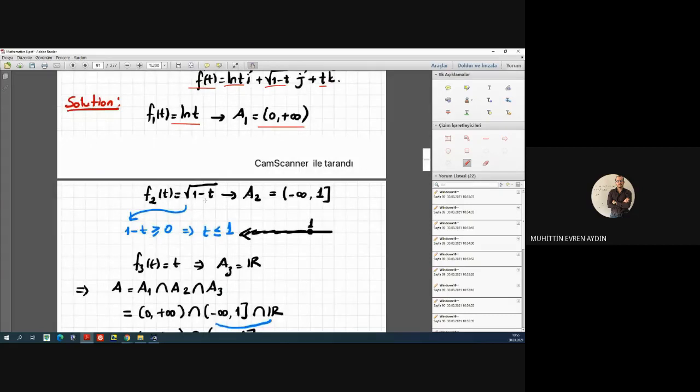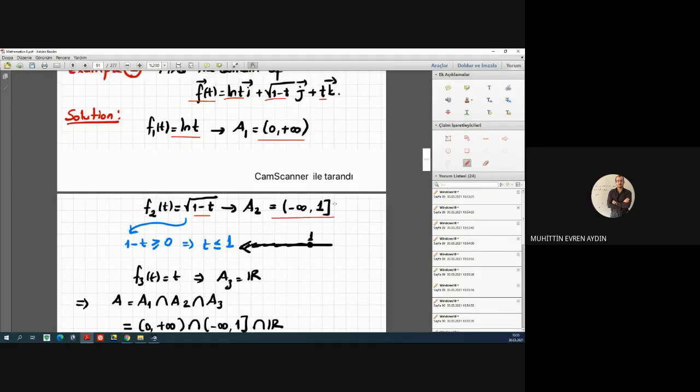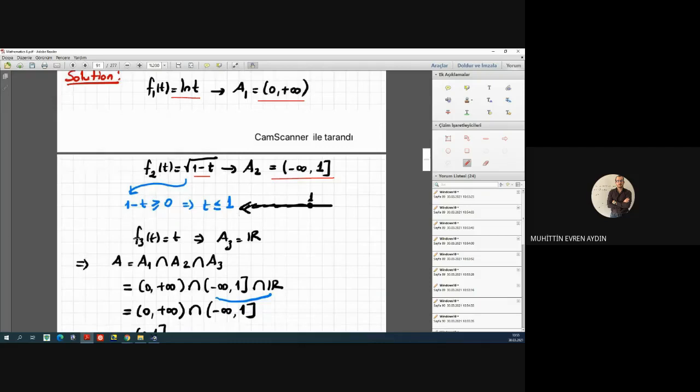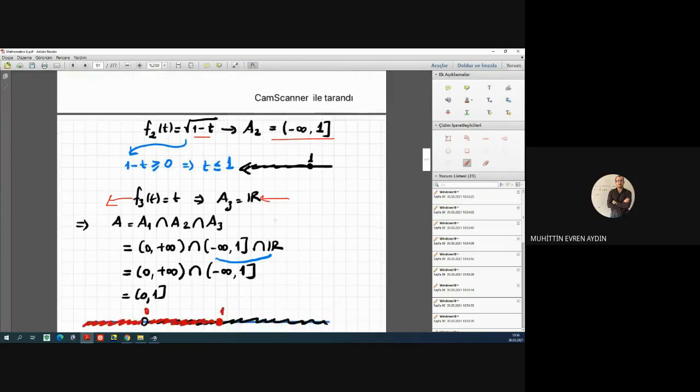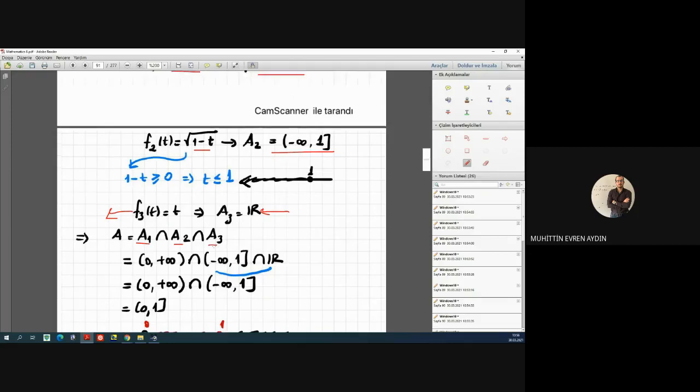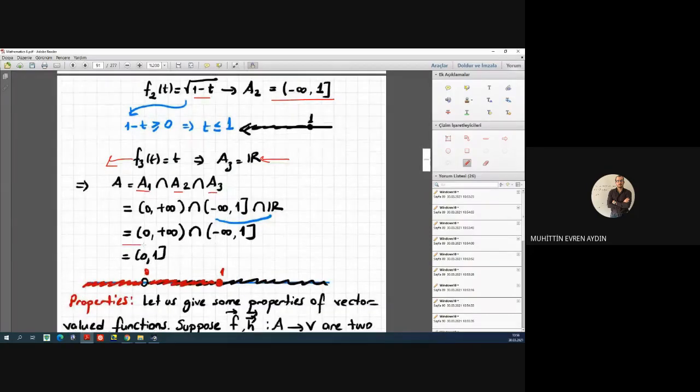And for the square root of 1 minus t, our domain is this interval. And for the last component, the domain is the whole real numbers. Then the intersection of A1, A2, A3 is this closed interval.